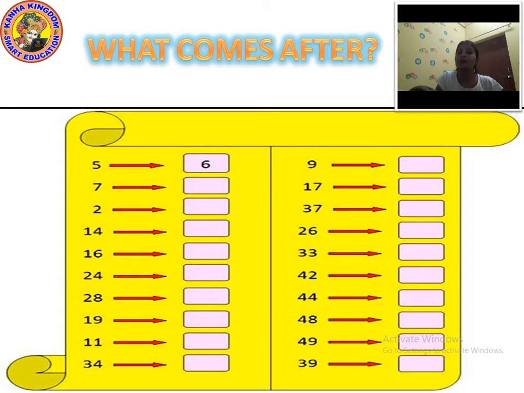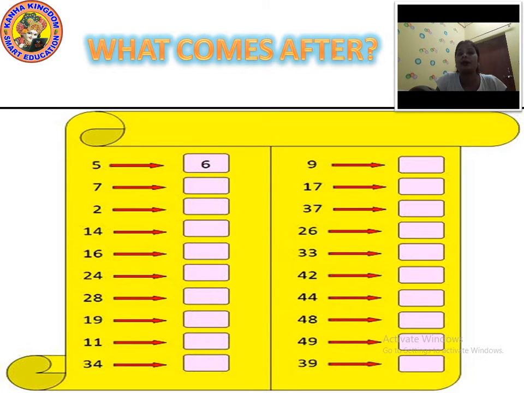Right? So 29 just comes after 28. Okay. So we will write here 29. 29 comes after 28.